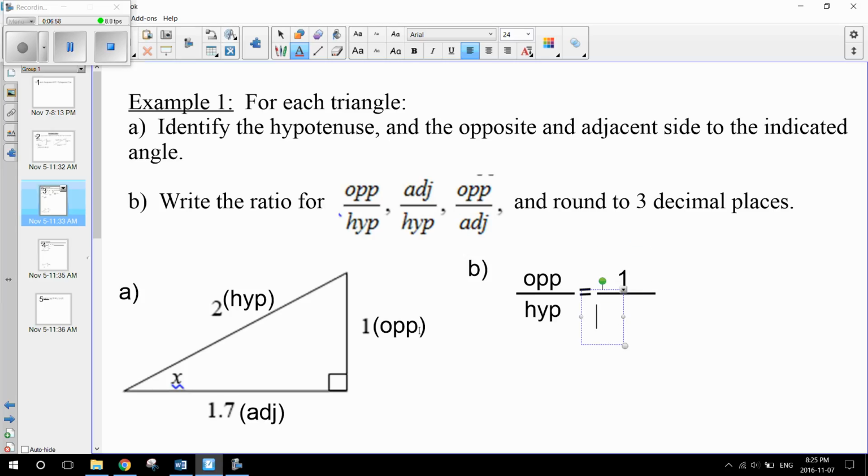And our hypotenuse, you should see that our hypotenuse is the value of 2, so we throw a 2 here. Now it asks us to round to 2 decimal places, so you want to plug this into your calculator. So 1 divided by 2, when you plug that into your calculator, you get 0.5. So the ratio of opposite over hypotenuse gives us the value of 0.5.